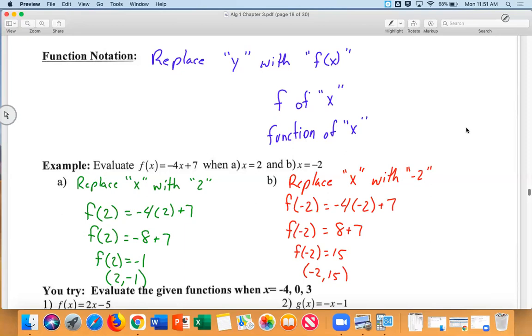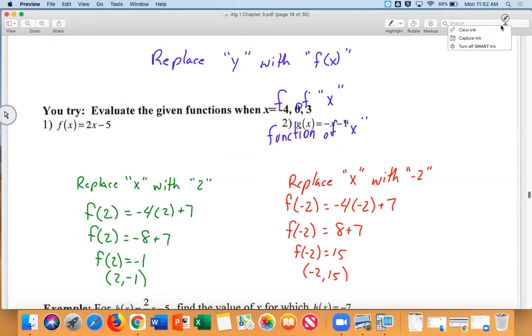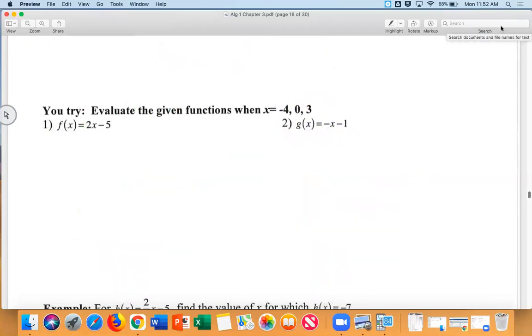Now, Louis, this is why I showed it to you the way I did. This isn't a ton of work to do in your house, right? It's kind of like what we were doing earlier when I was working with Tyler. They're replacing the x with like a 1 or a 0, and that was a little bit of work. And then you're like, well, that's kind of doing too much, and we can do this in our head. But notice here, now I'm asking you to do it for 3 points. It's a lot of work, right?